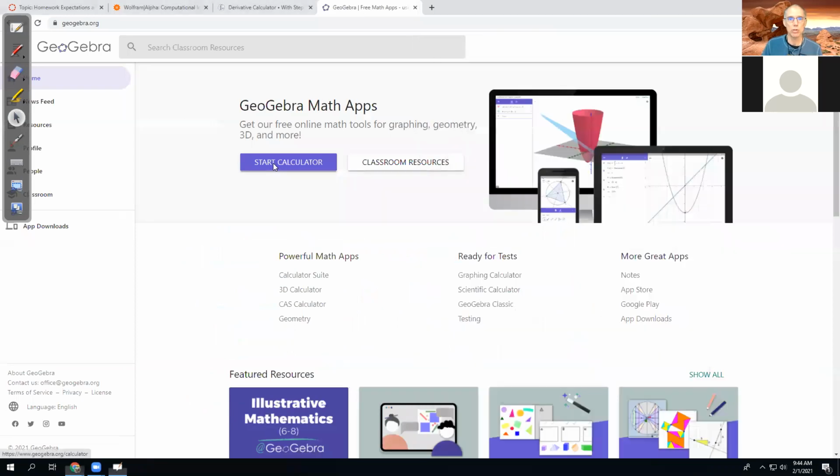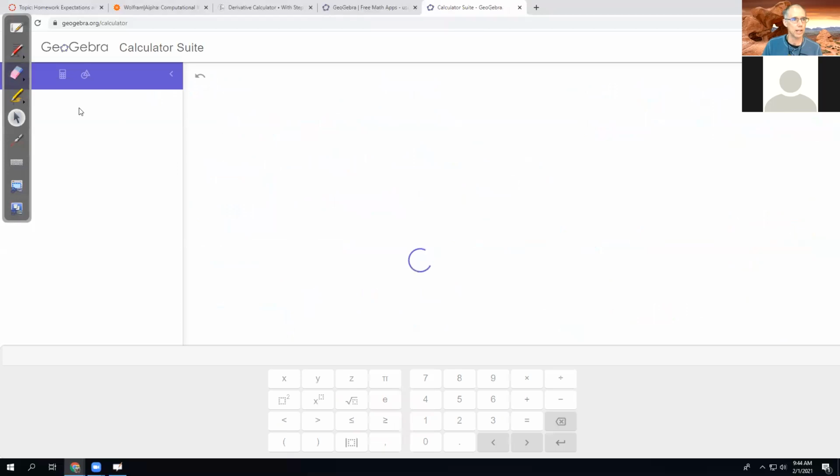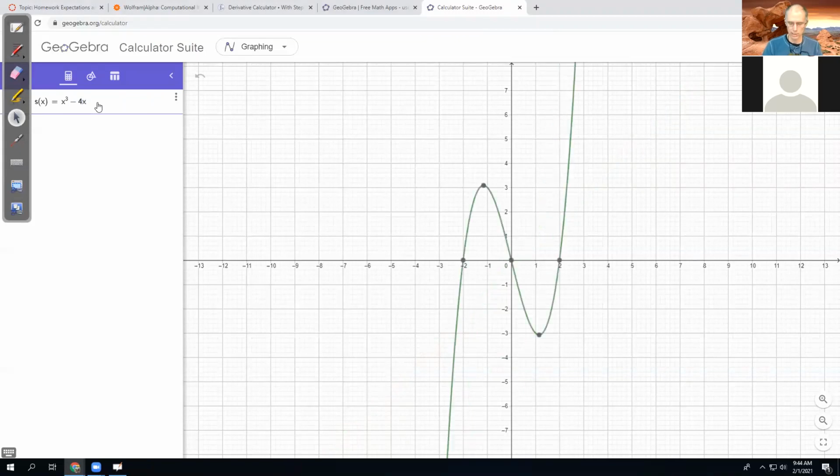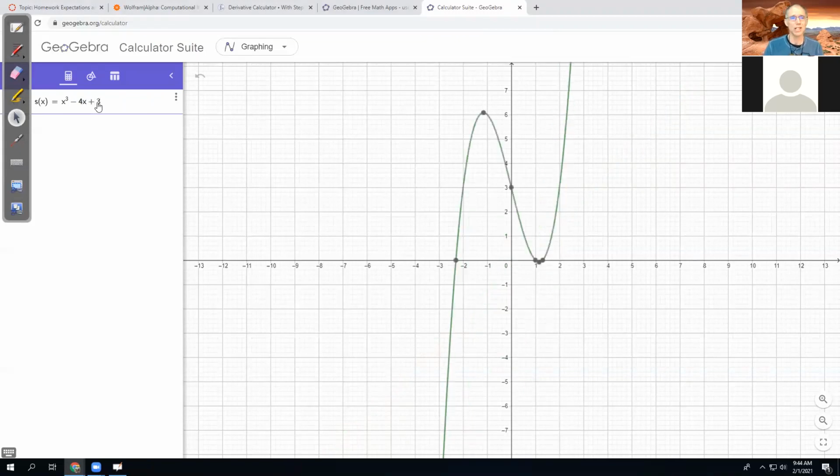So let's bring up a new calculator here and enter my position function. I'm going to call it s of x equals x to the third minus 4x plus 3.